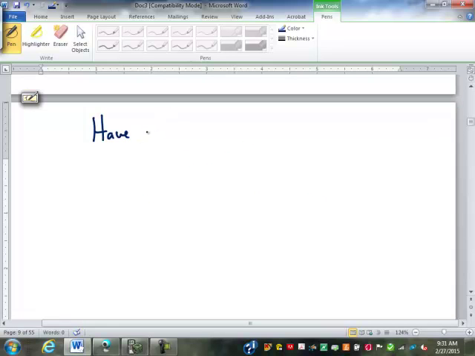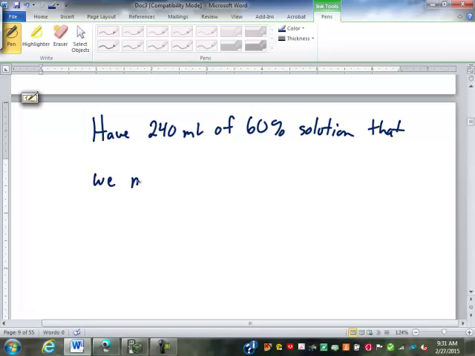Well, let's say that we have 240 milliliters of 60% solution that we need to dilute to 20%.